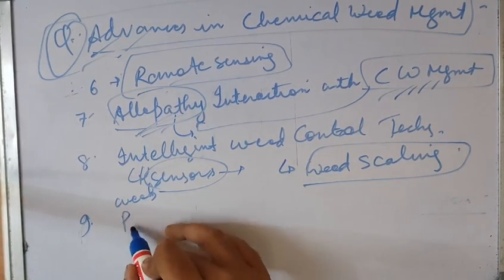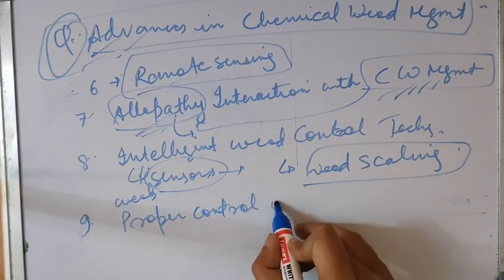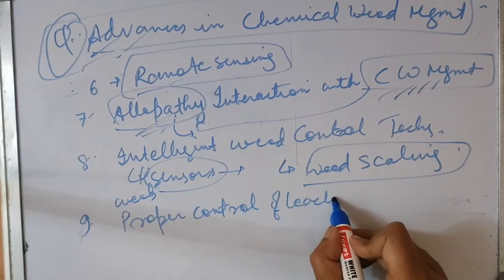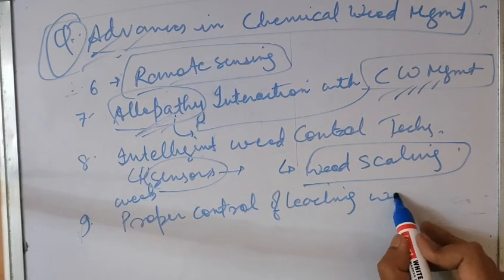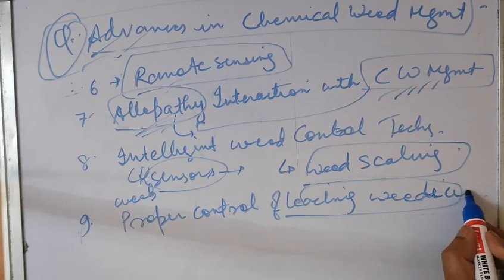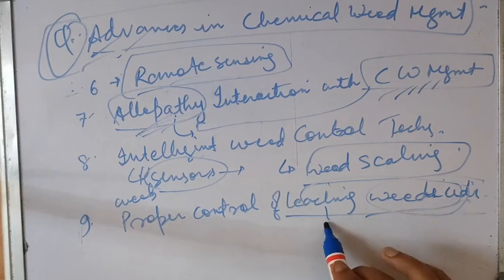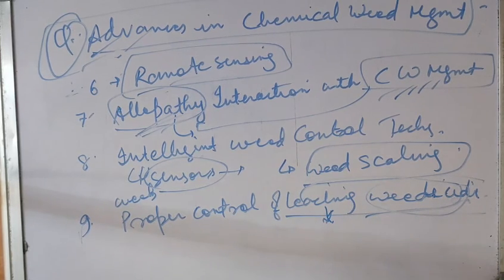Proper control of leaching. When you use an excessive amount of weedicides or herbicides, those sometimes leach to groundwater, which affects our environment.